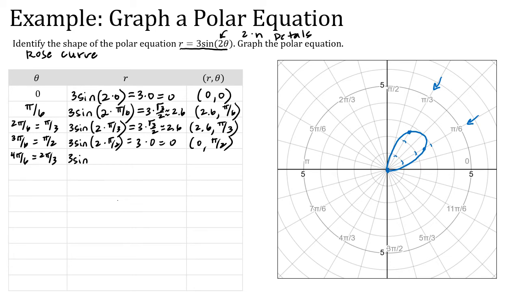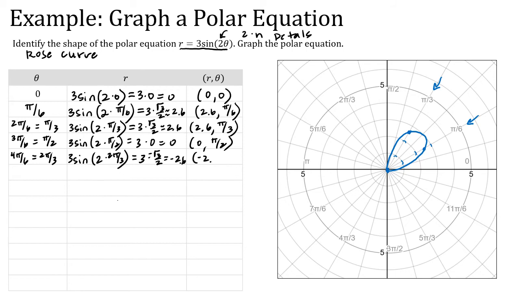So 3 times the sine of 2 times 2 pi over 3 is equal to 3 times the sine of 4 pi over 3. And let's see, 4 pi over 3 is in the third quadrant, and so that's going to be a negative square root of 3 over 2. So I have negative 2.6.